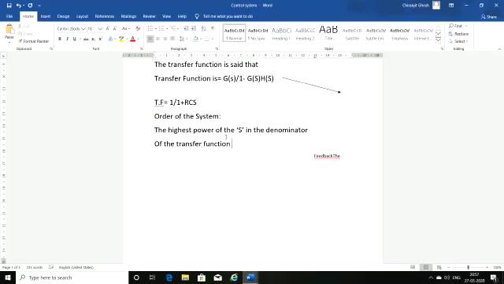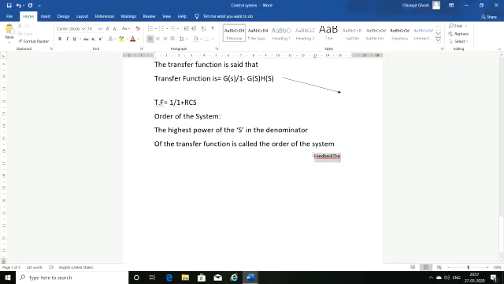The highest power of S in the denominator of the transfer function is called the order of the system.